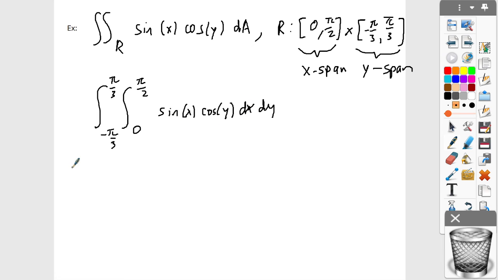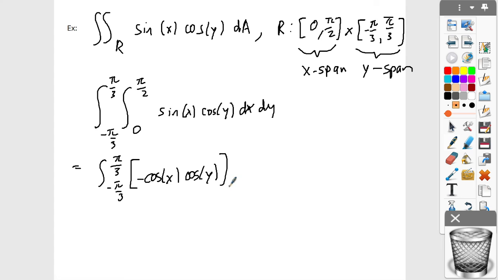This is equal to the integral from negative pi over 3 to pi over 3 of, since we're integrating x first, negative cosine x cosine y, and you can actually just take cosine y out of the integral.